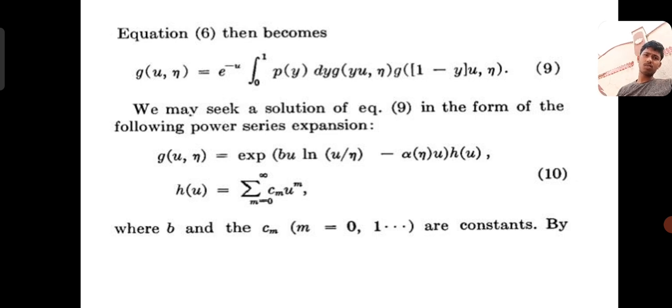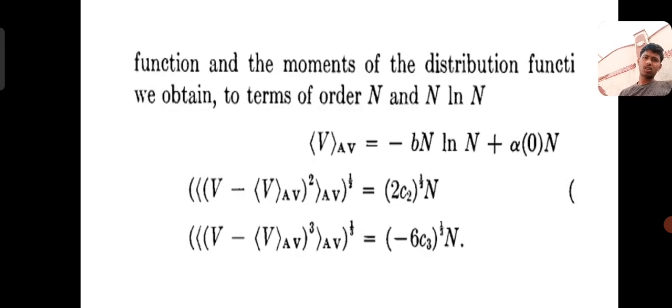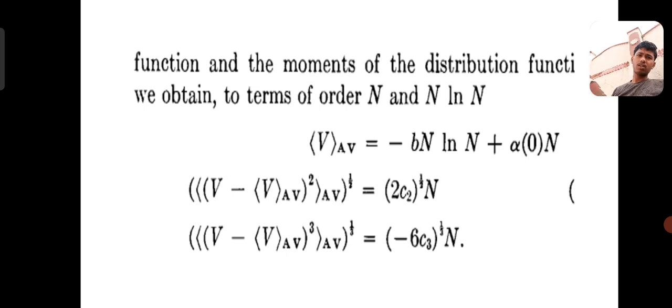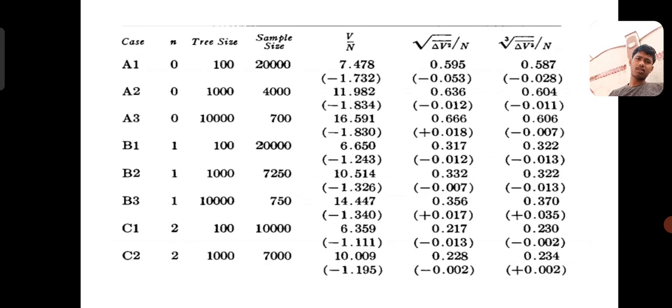We may write the solution of the equation in the form of the following power series expansions, where the c_m, with m equals 0, 1, 2 and so on, are constants determined by the moments of the distribution functions. We obtain the terms in n and n log n, and V minus b n log n into n plus alpha, and the variance of V, and the third moment relation minus 6 c3 n.